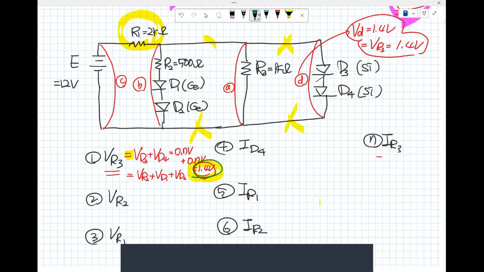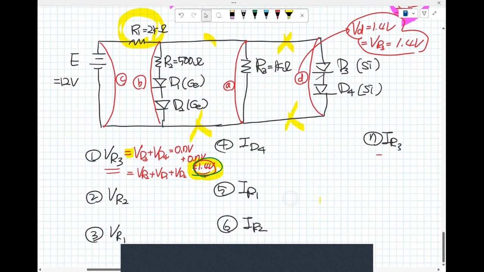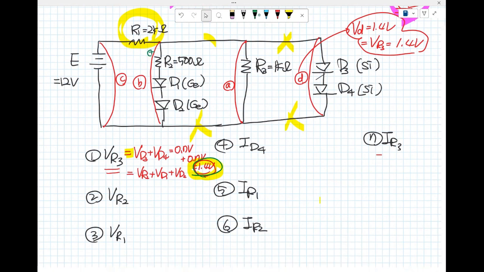So maybe any question? Okay. Hey, professor. Yeah. What is the V sub R sub 2? It's right there. Plus, minus. So the V sub R sub 2, I sub R sub 2 multiplied by R sub 2, or V sub R sub 3 minus V sub D sub 1 minus V sub D sub 2. V sub R sub 3 is what? 1.4 voltage. What is the V sub D sub 1 here?